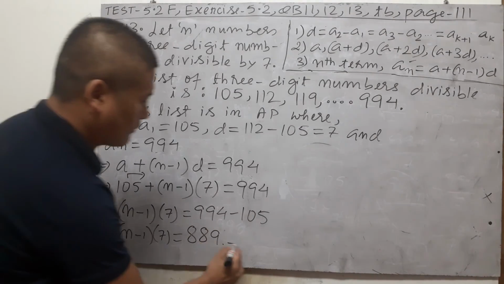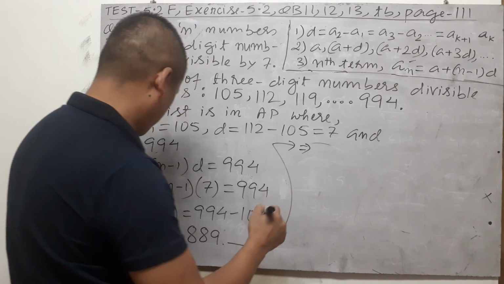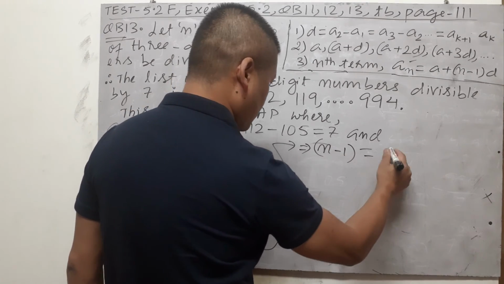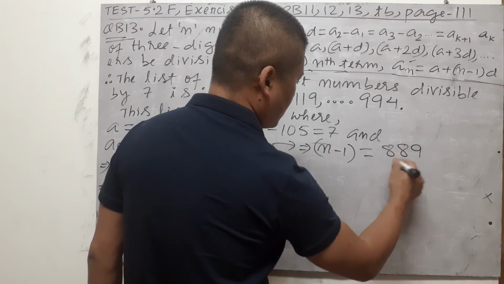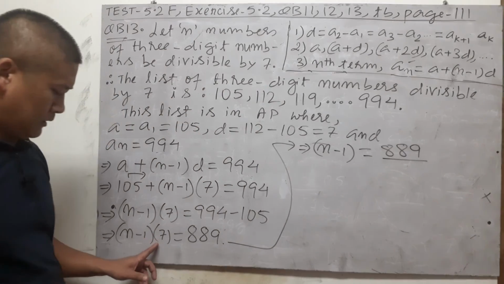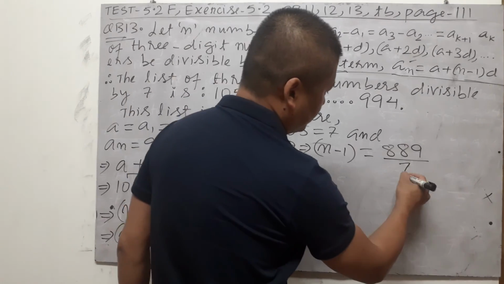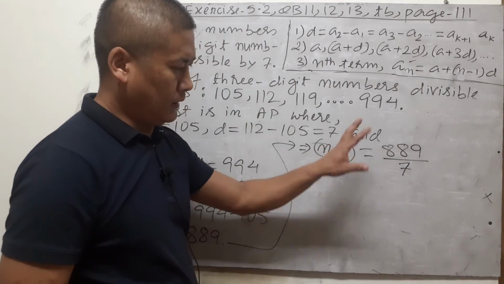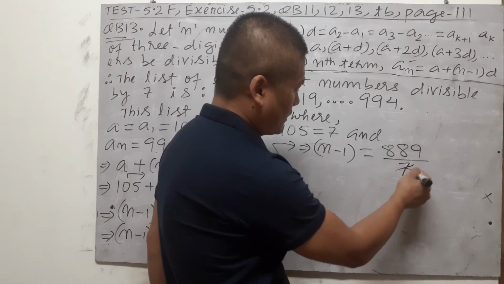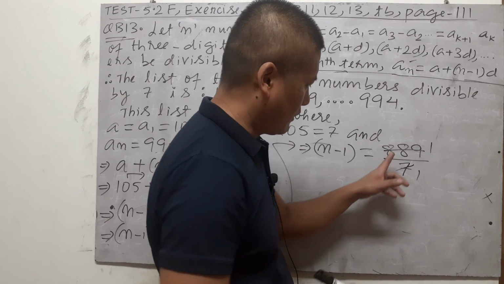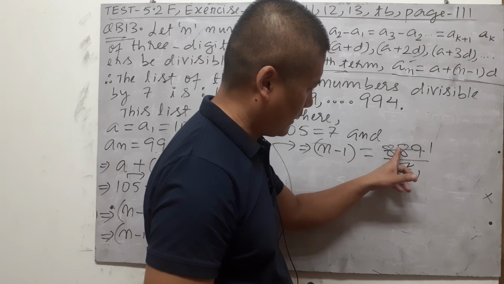So here we are going to get n minus 1 is equal to 889 divided by this 7, that is into 7. If you shift to the right side, it will go to the denominator. And I think 889 is divisible by 7. So 7 ones are 7. 8, 1 remainder. That 1 will go to the left of this next 8, 18.